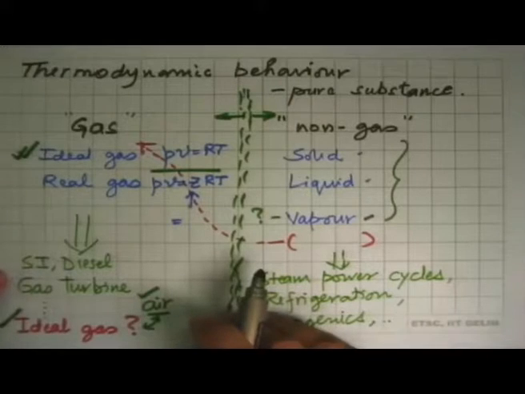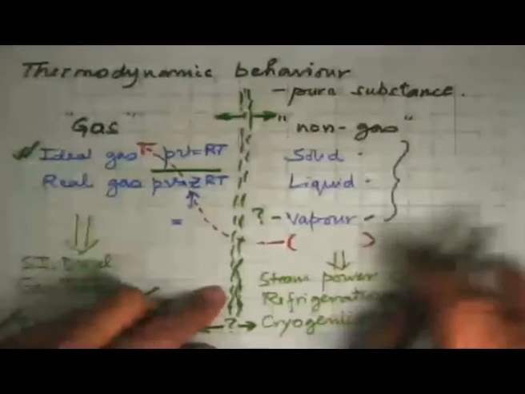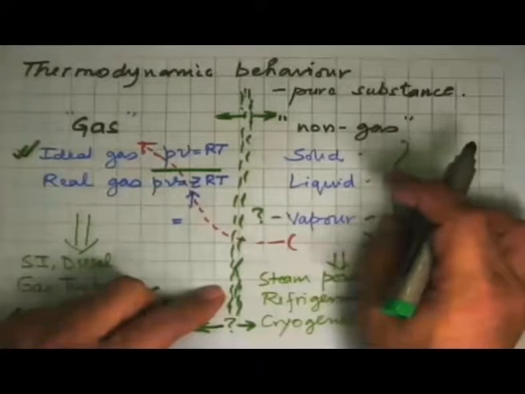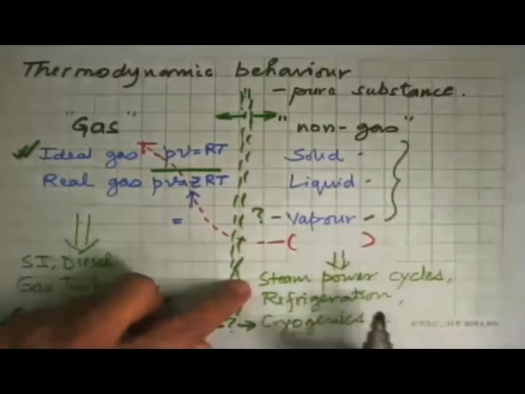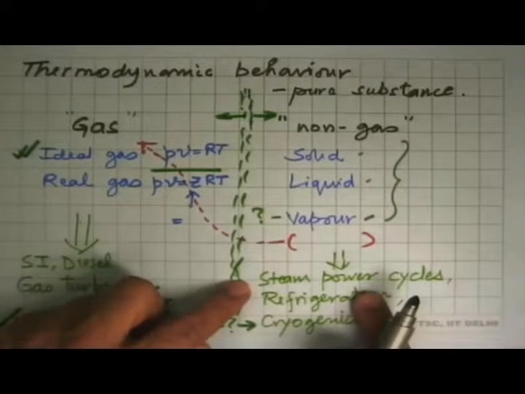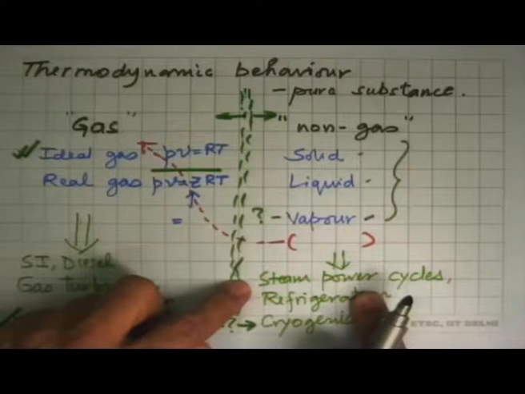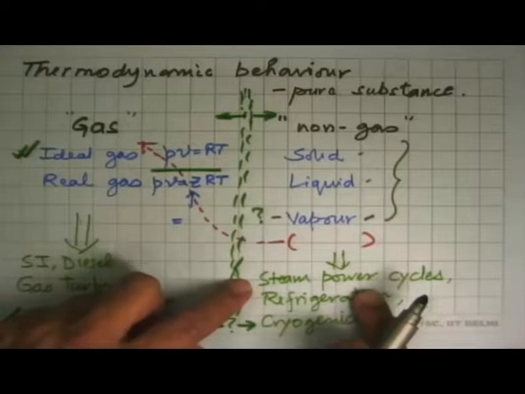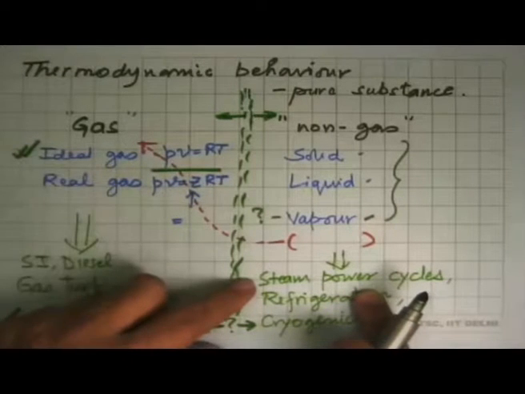The behavior of vapor, and in many cases vapor plus liquid states, has applications like all steam power cycles. So coal-fired power plant, oil-fired power plants, nuclear power plants, all of which would account for like 80-90% of our electricity generation.